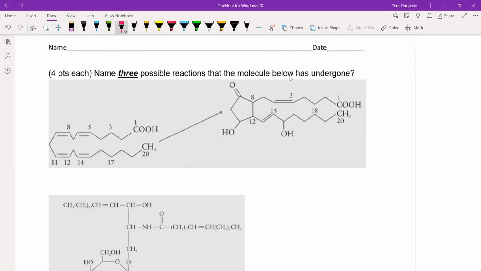And here we have the arachidonic acid again, and this is the prostaglandin. So there's a number of steps that it goes through. It's all enzymatic. Remember we had the COX-1, COX-2 enzymes. Okay, so what do we have going on here? We've got a ketone, an alcohol, an alkene, and an acid.